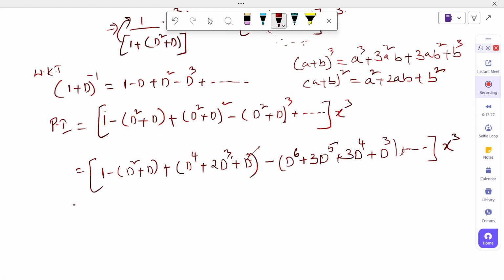Right, which is equal to... Now what are we going to get here? Now we are going to multiply that x cube to each and every term.